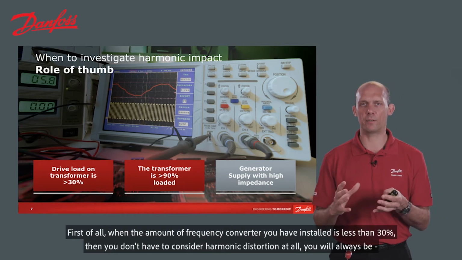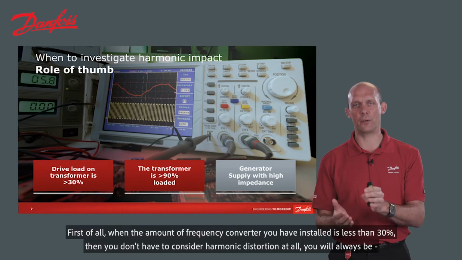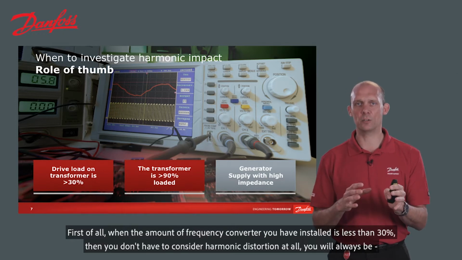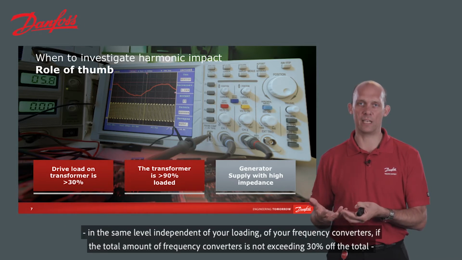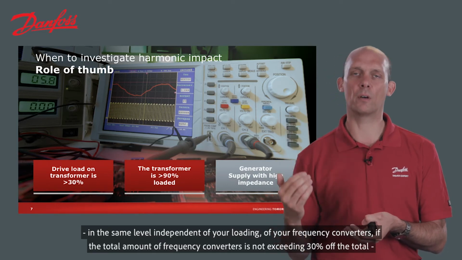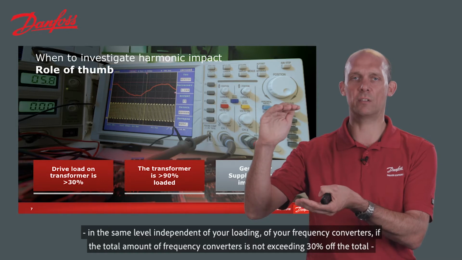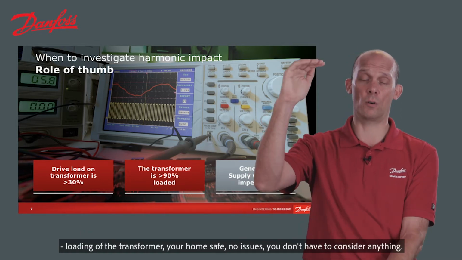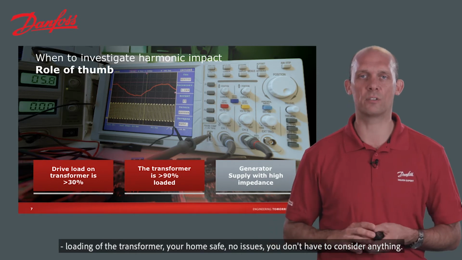First of all, when the amount of frequency converters you have installed is less than 30%, then you don't have to consider harmonic distortion at all. You will always be at a safe level, independent of the loading of your frequency converters. If the total amount of frequency converters is not exceeding 30% of the total loading of the transformer, you're home safe, no issues, you don't have to consider anything.